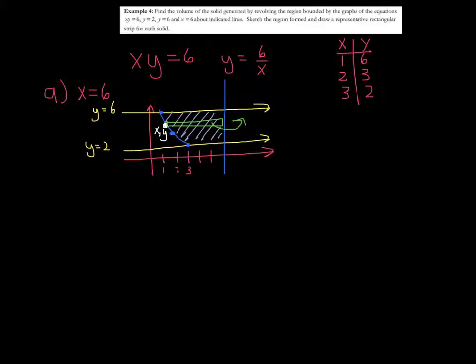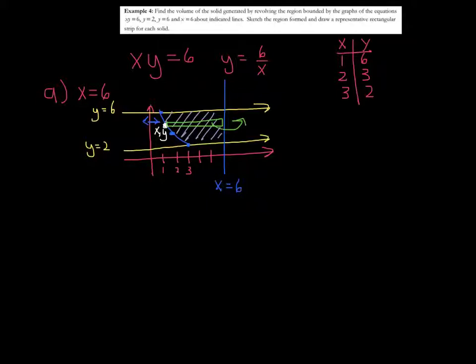Now, the tricky part with this is you've got to figure out what the radius is. If this is the line x equals 6, and this distance right here is x that I'm outlining, well, then our radius is going to be 6 minus x. The entire distance, 6, minus the x distance gives us the green distance.